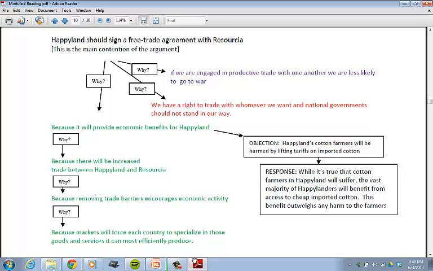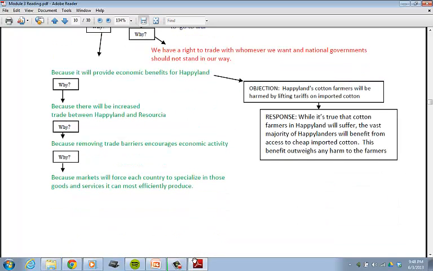Over here, the objection that's considered is that it'll harm the cotton farmers of Happyland if we're to lift tariffs on imported cotton. And there's a response to this. And the response is, true, it might be the case that cotton farmers in Happyland will suffer.